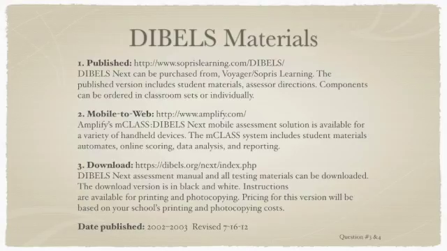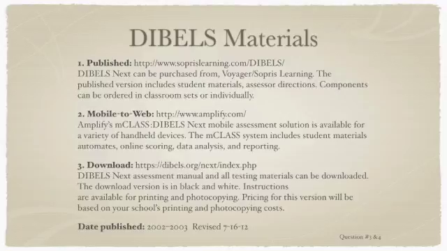There are 3 different ways to get the DIBELS materials. You can go through the publisher, Voyager Learning, and you can receive all the materials and the directions, all the components that you need. And you can order them as a whole classroom, a whole school, or individually. You can use the online, the mobile web, which goes on any handheld device.